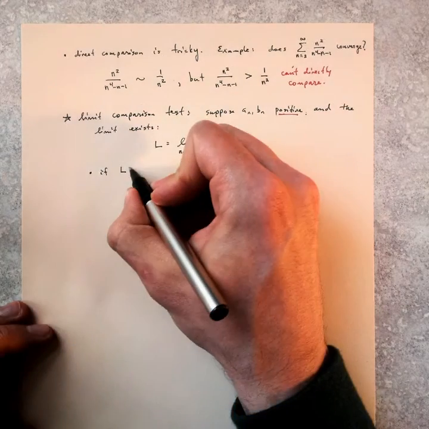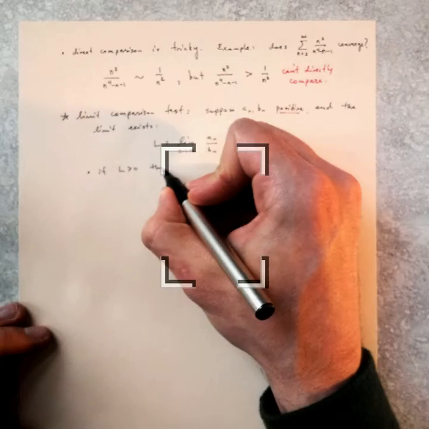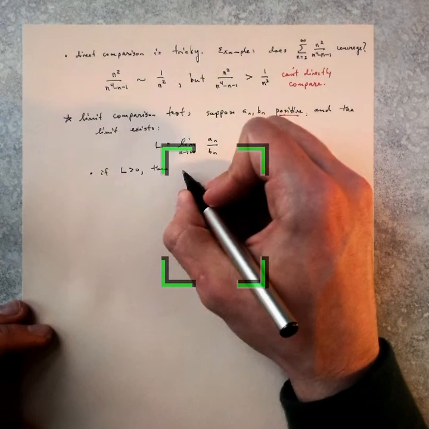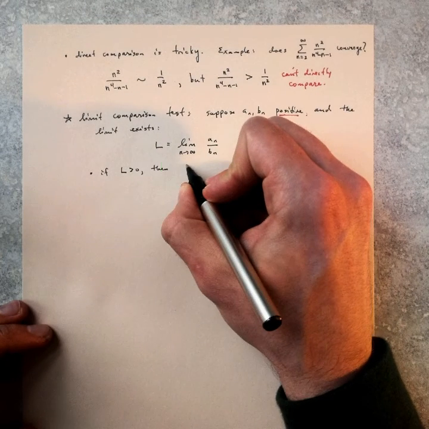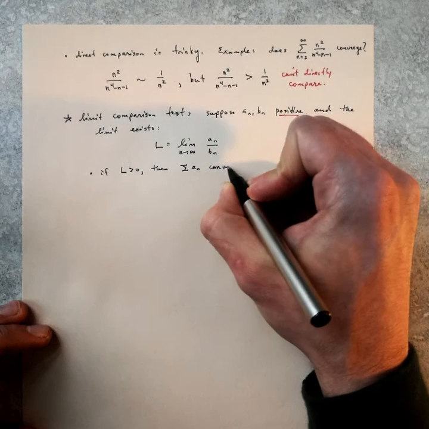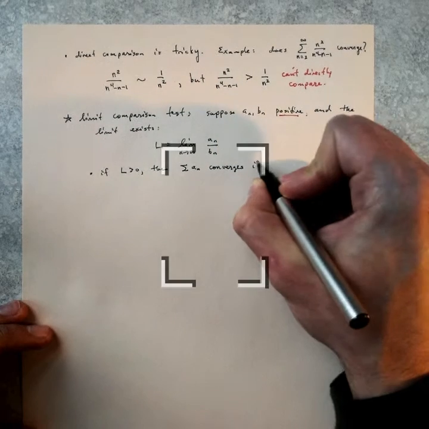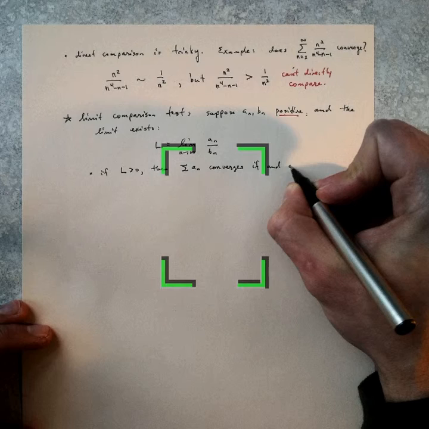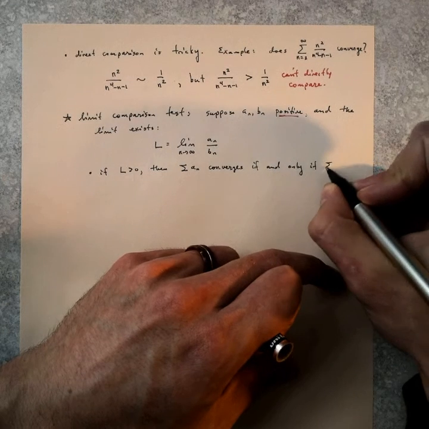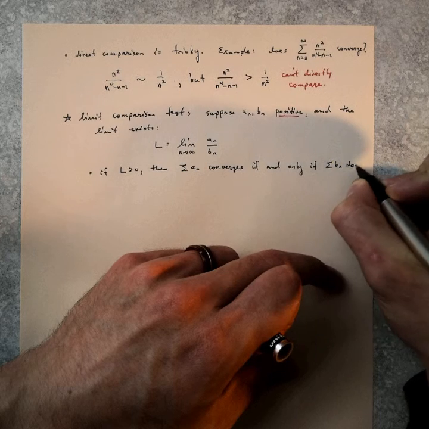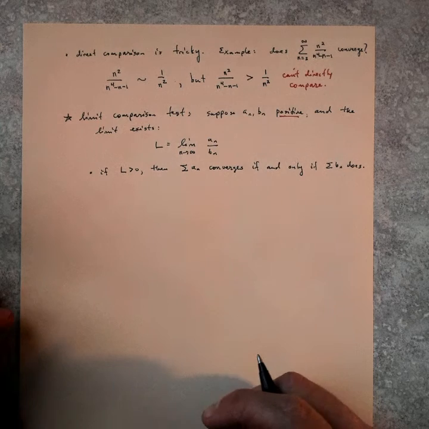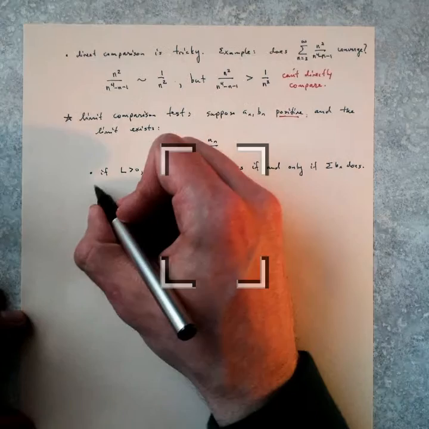If L is bigger than 0, then a(n) converges if and only if b(n) does. Okay.